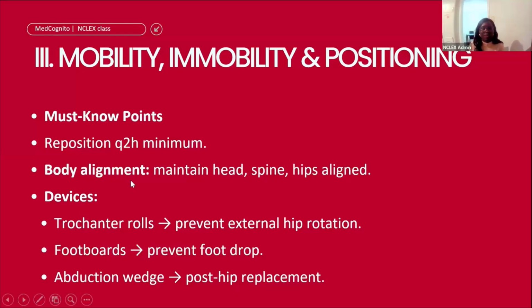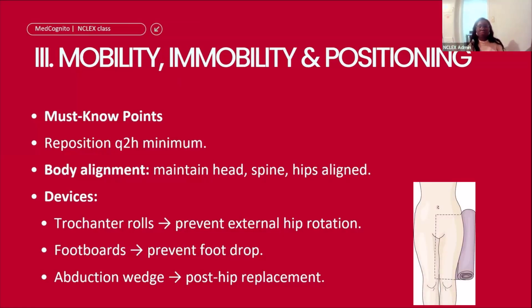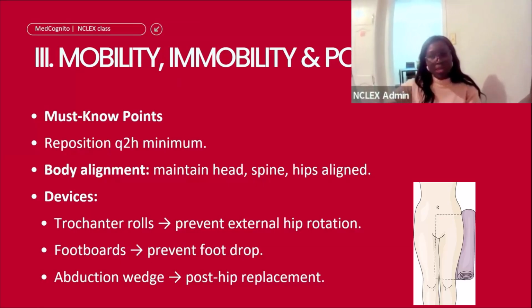Let's look at these devices. It's very important that we pay close attention to these devices. So for trochanter rolls, it helps to prevent external hip rotation. It is in the form of a roll that we put in the area of the trochanter, and it prevents external hip rotation.